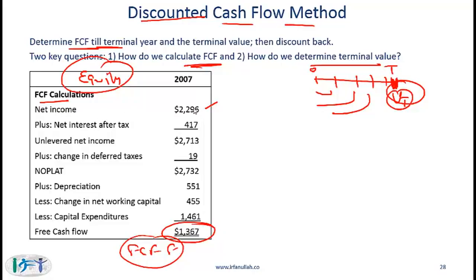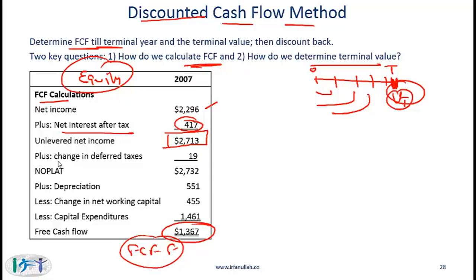This is net income, which is the money that is available to shareholders. And since we are taking both a shareholder and debt holder perspective, what we do is add back interest. So net interest after tax is added back, and this number then is called the unlevered net income. You can think of this as the money that is available to both bond holders and equity holders.